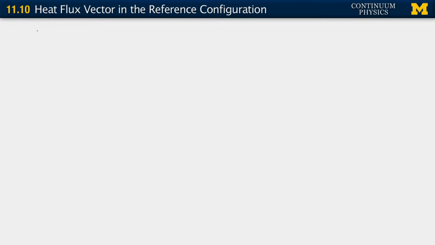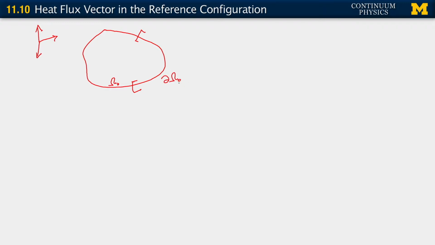Now, since we want to talk about the current and reference configurations, let's start by putting them both down here. This is omega sub 0, and let us suppose that this subset of the boundary is the heat flux boundary, right?